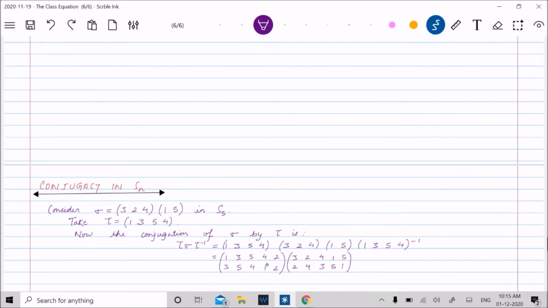Now the inverse of this permutation will be the permutation which is obtained by switching these two rows. The first becomes second and second becomes first row. So 3, 5, 4, 1, 2, and this will be 1, 3, 5, 4, 2. This is the inverse of this tau, right?